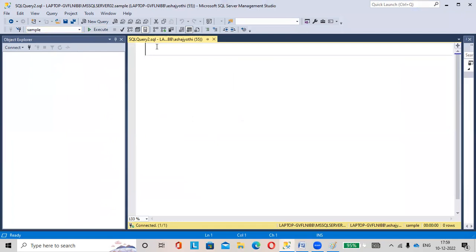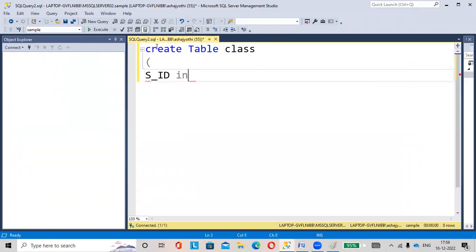Create one table. What is the table name here? Class. Student ID, data type is int primary key. Student name, data type is nvarchar.